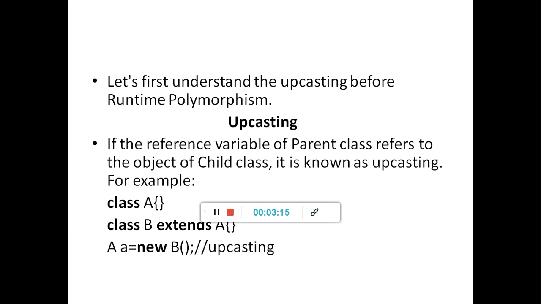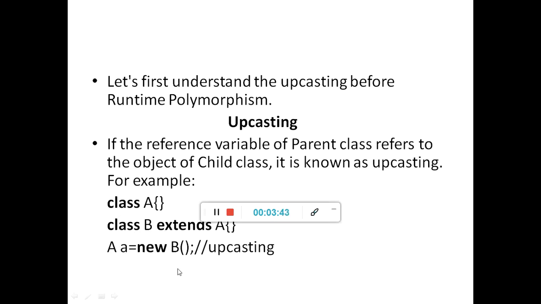But here what happens, I am referring a variable, that is A, to the object of B, that is the child class. You can see here A a = new B(). I'm giving a reference. This reference variable is referring to the object of class B, that is the child class. Superclass and child class, right?